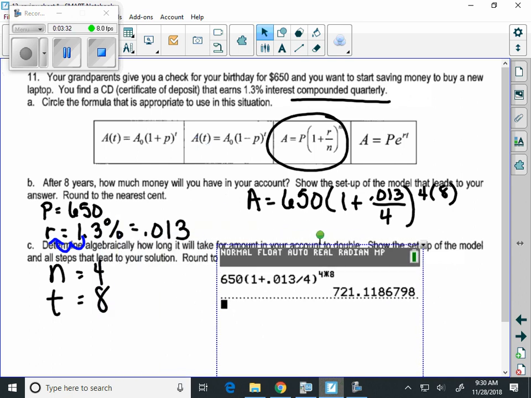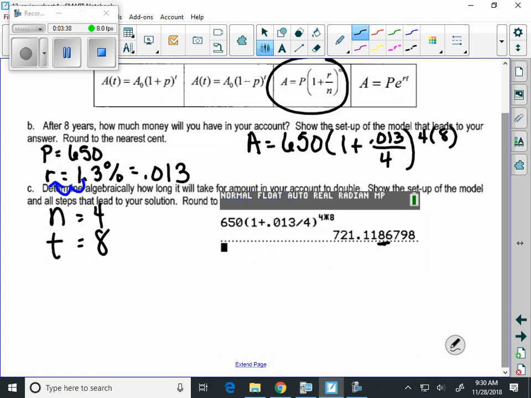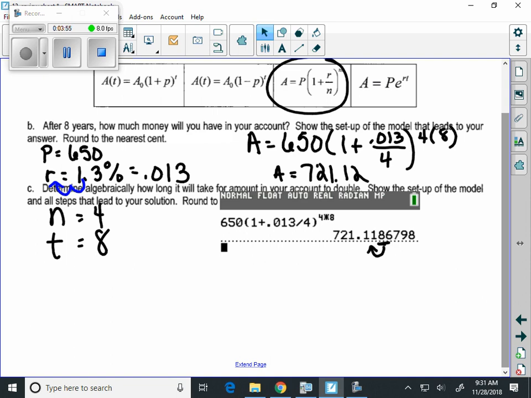So let's round to the nearest cent. That means we're going to look at this 8 here, and that 8 determines that we need to round that 1 up, because 8 is 5 or higher. So it's $721.12. That's how much we'll have after 8 years.